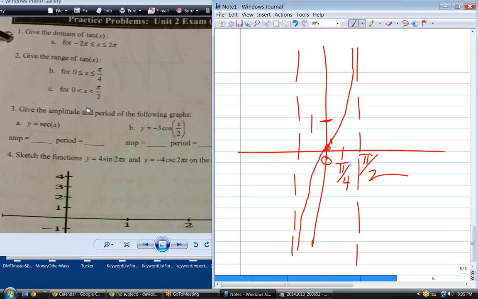I'm not sure. When you study calculus, well, what's the range between 0 and pi over 2 that you can read from the graph? It'd be 0 to infinity, right? Okay. If I want to put that in interval notation, I'm going to put it like this.